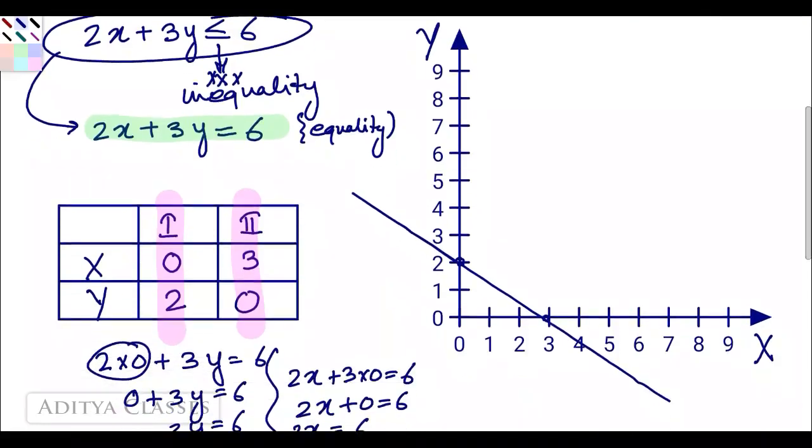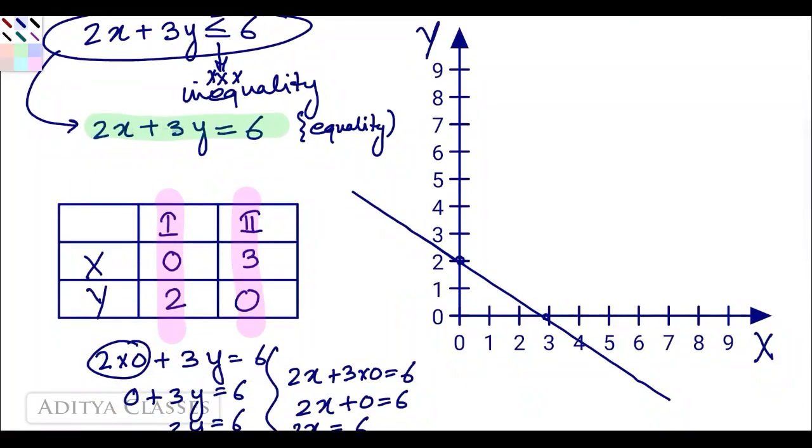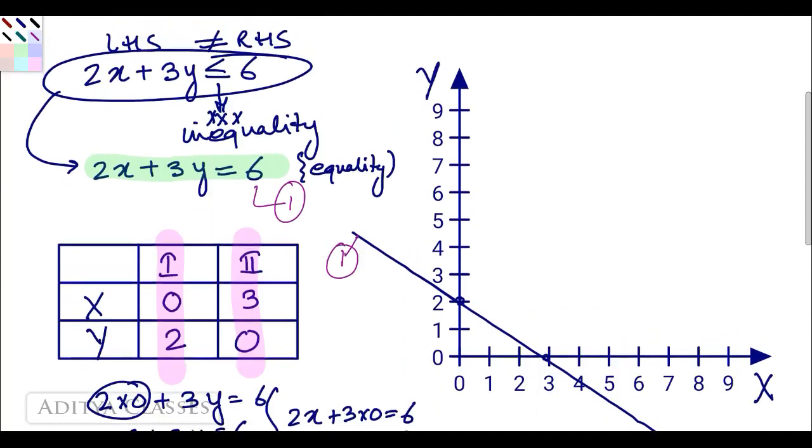We had only one constraint. Now, what is this? This is 2x plus 3y is equal to 6. If we give them some names, this is the first constraint. Now look very carefully. The constraint was 2x plus 3y less than 6, and I have plotted 2x plus 3y is equal to 6.